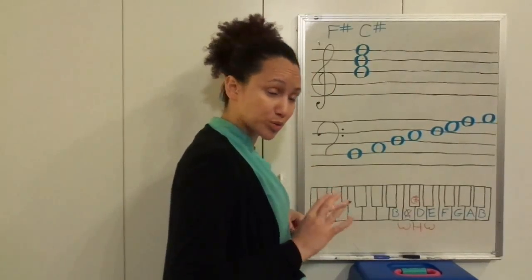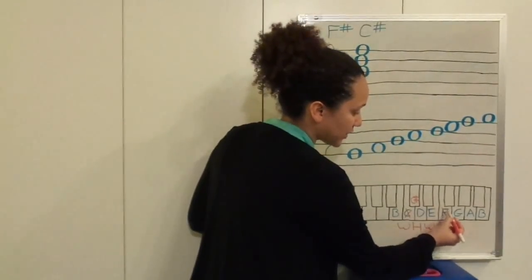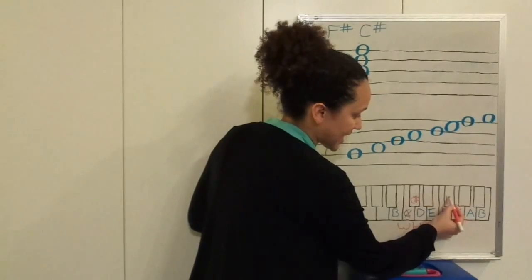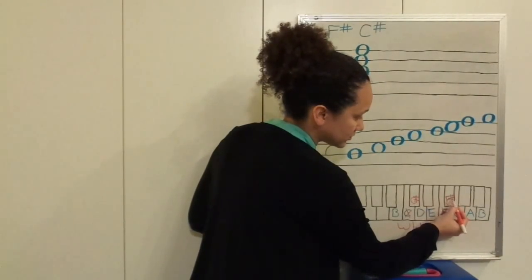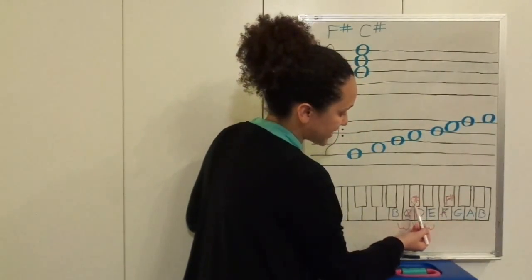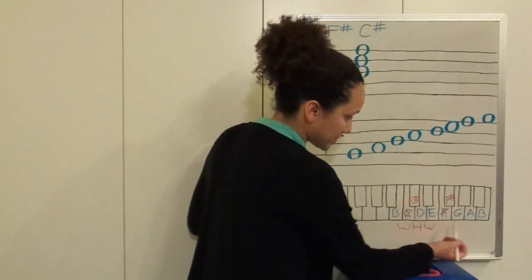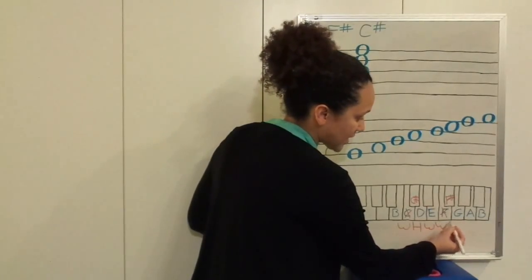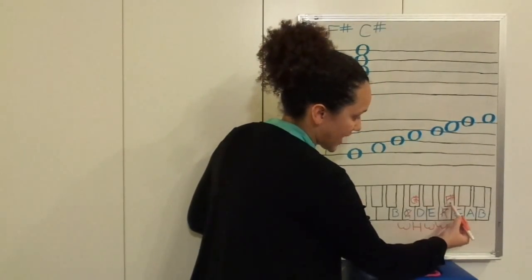We want a whole step. So we have to cross out the F and raise that as well. So we have our first sharp, F sharp, and our second sharp, C sharp.